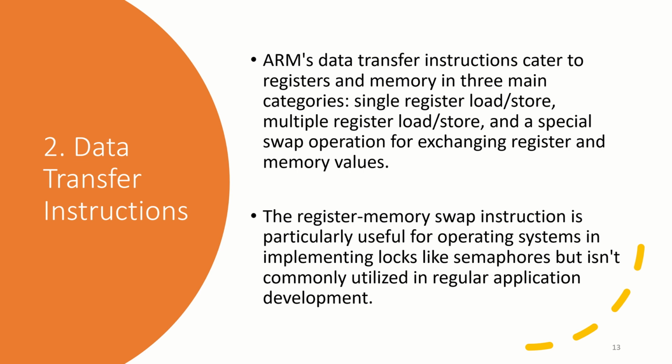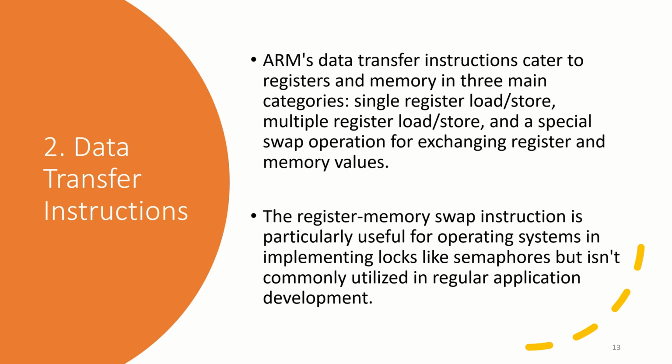These instructions broadly fall into three categories. First, there is the single register load and store, where a value is loaded into or stored from a single register to memory. Then there is the option for multiple register load and store, allowing loading or storing multiple registers consecutively.